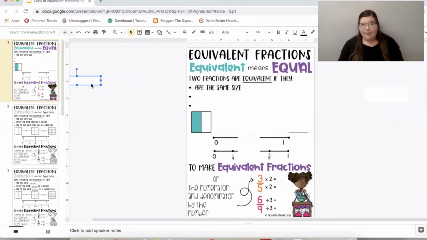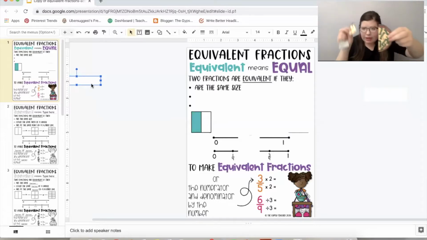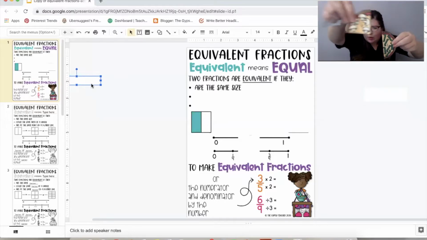can you read that with me? Are the same size. So for example, I gotta find my parts here. So I have 1/2, right? 1/2 of the pizza pie piled high. So if I want to know if my two fractions, if two mushroom pieces, which is how much? 1/4, right?